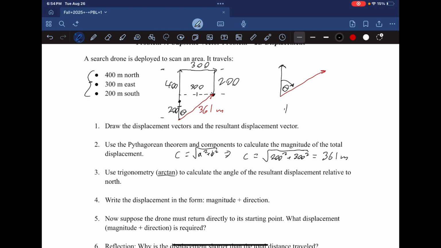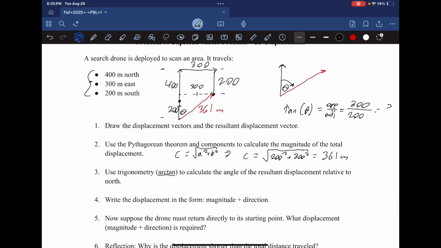Using arctan, we know that tangent of theta equals opposite over adjacent. So our opposite leg is 300, and our adjacent leg is 200. And then this can just be simplified to 3/2 for the calculation. So then you use tangent inverse of 3/2 equals theta.